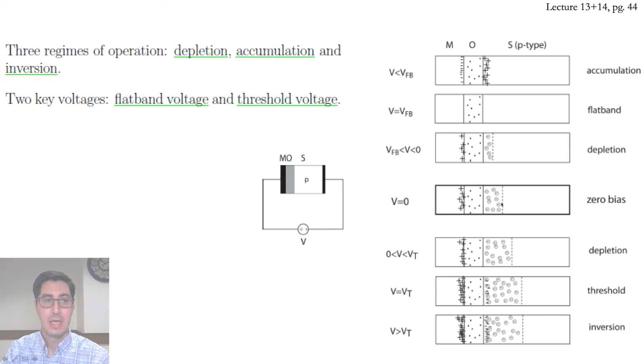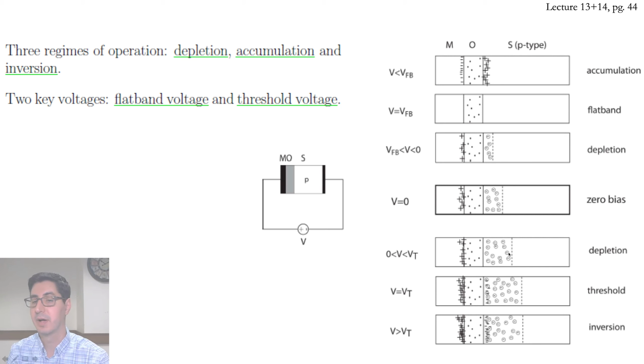Now, as we apply a more positive bias, so positive bias is going down, as we apply a more positive bias, V greater than 0, we start to deplete more and more holes from the semiconductor. So our depletion region increases. Why is that?